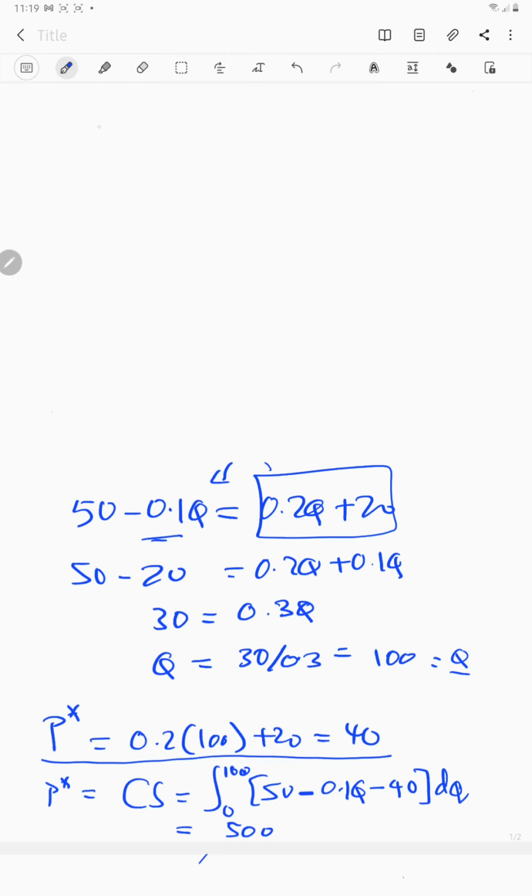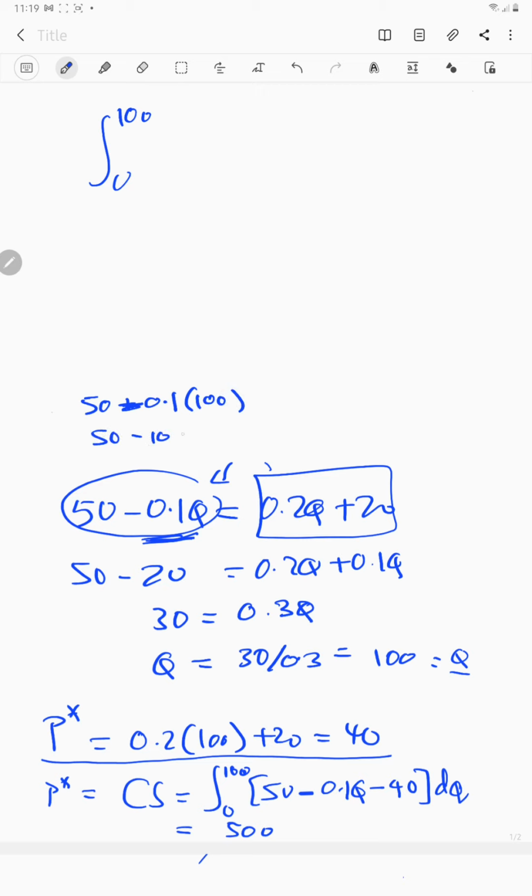Like in the first place, you take an integral from 0 to 100. You take 100 and put it here: 50 minus 0.1 times 100, which is 50 minus 10, equal to 40.